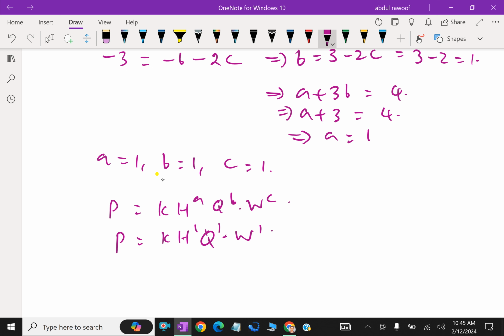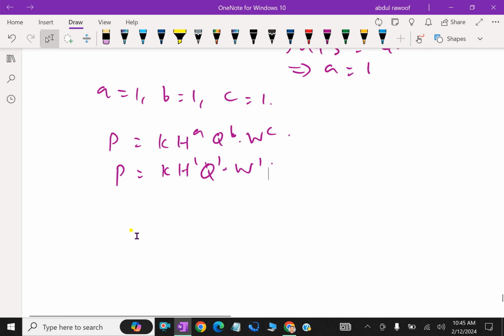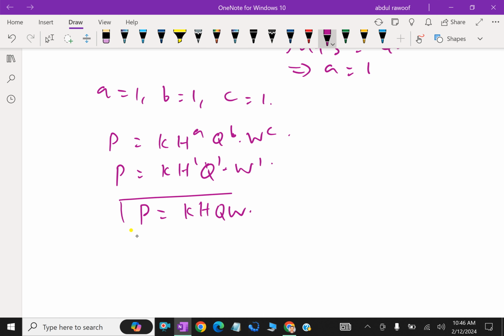Therefore, power equals k times H Q W. Here k is some constant, head and discharge multiplied by the specific weight of water. This is the power formula we derived.